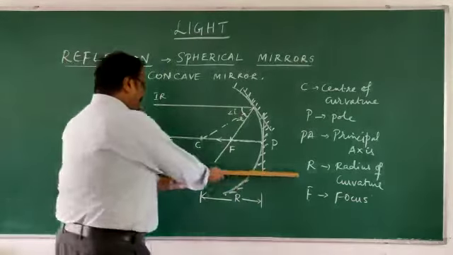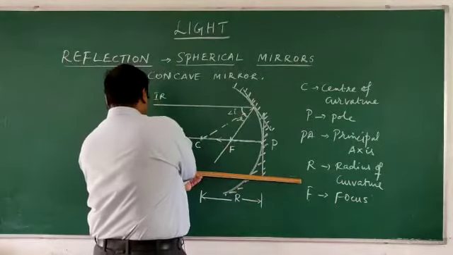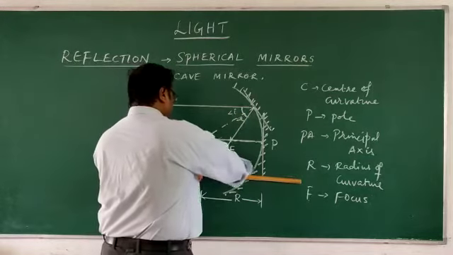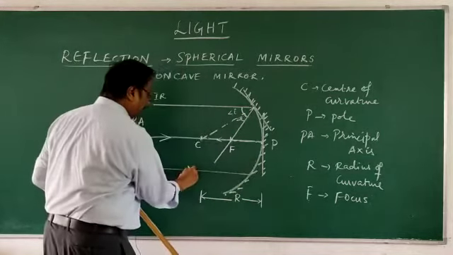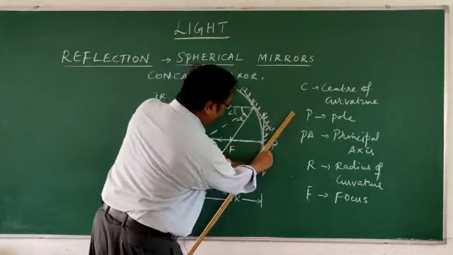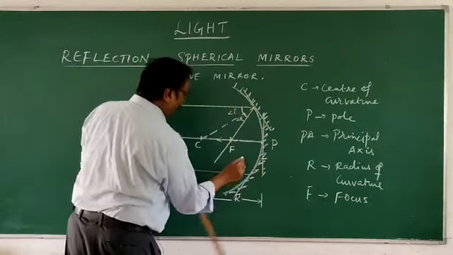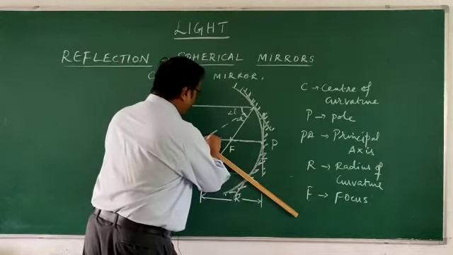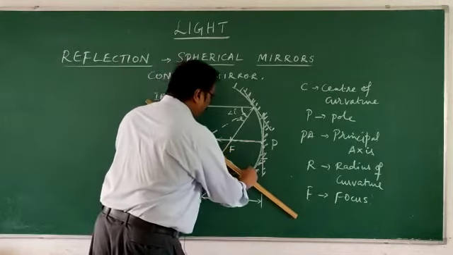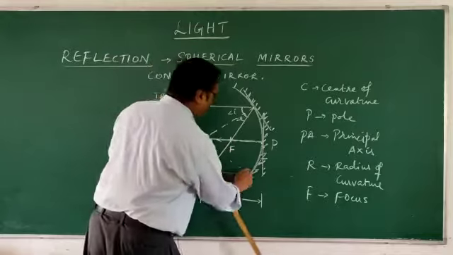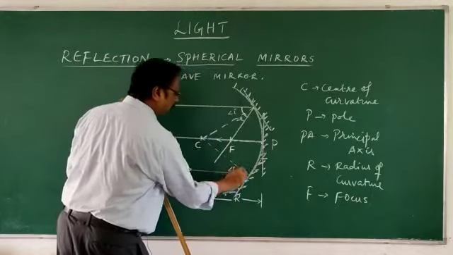Now let us take another ray which is parallel to the principal axis and striking the mirror. Again imagine there is a plane mirror. Now what will happen? Again you drop a normal. We know the normal will pass through the center of curvature, that's the radius. Now this is the angle of incidence.